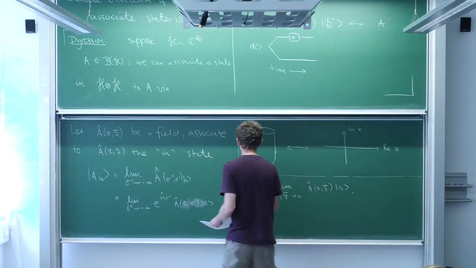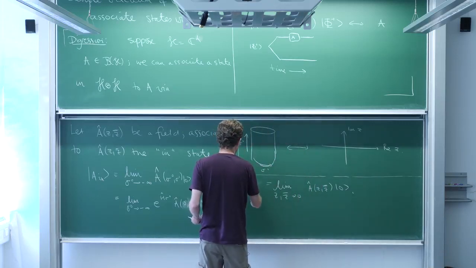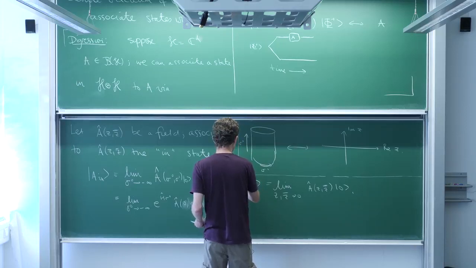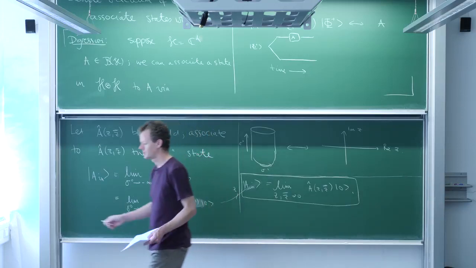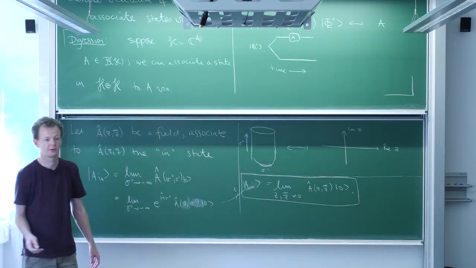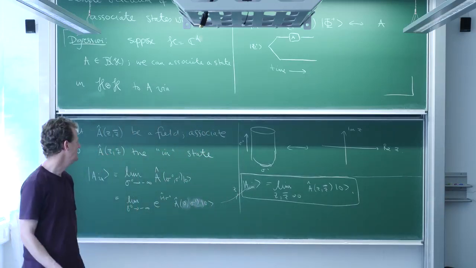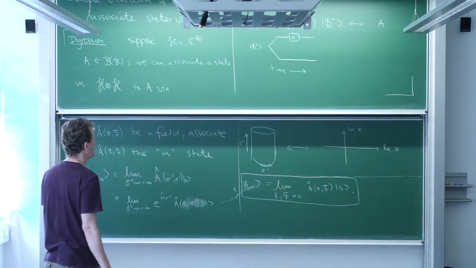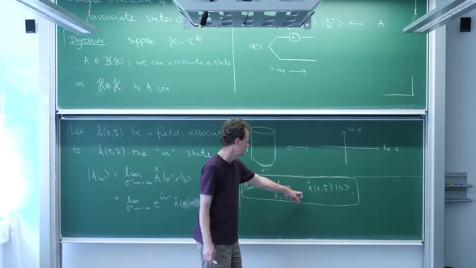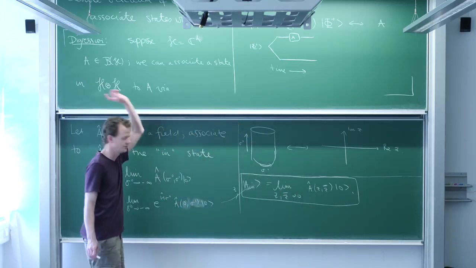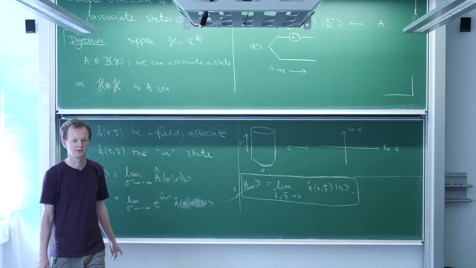And so we end up with this definition here. Corresponding to every field operator, there's an in state defined as: just take your field operator and send it off to infinity, infinitely far in the past.